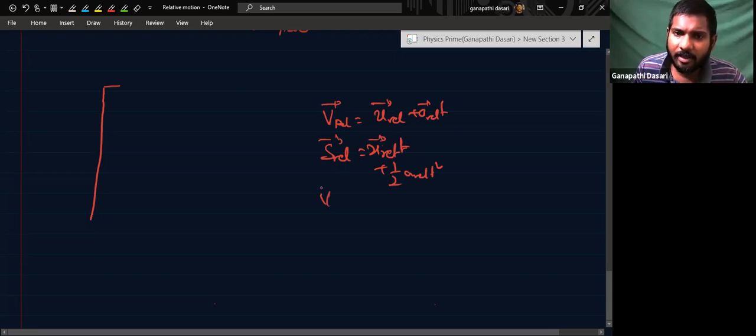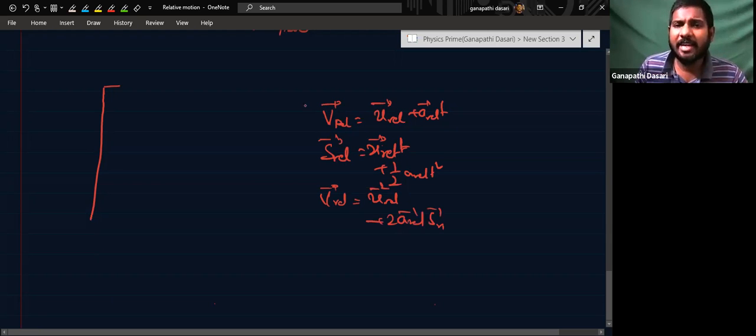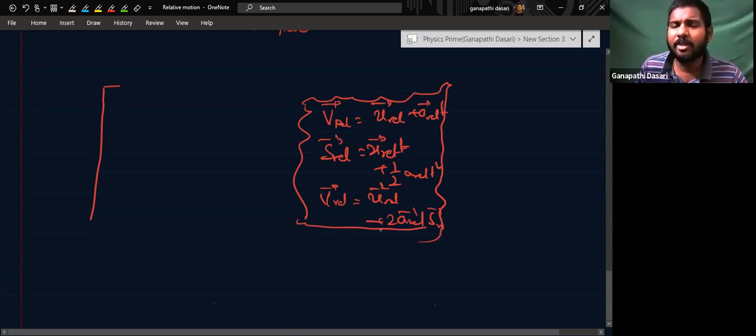And V relative square is equal to U relative square plus 2 into A relative into S relative. Same equations. Understood what I want to say here? These equations can be used in terms of relative motion in our complex problems as we go ahead.